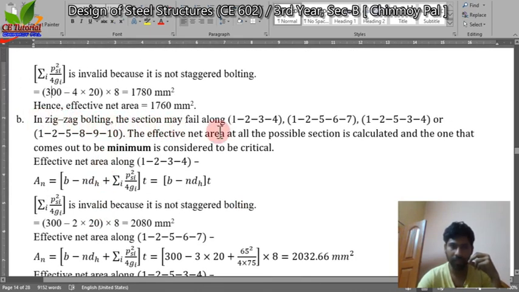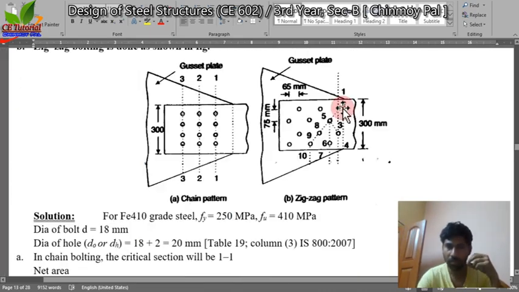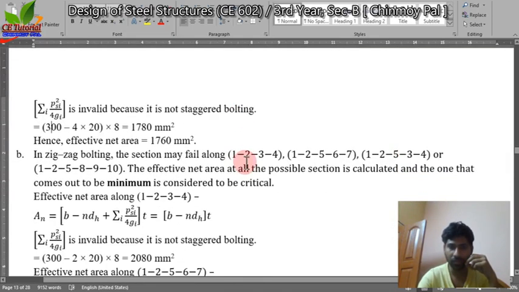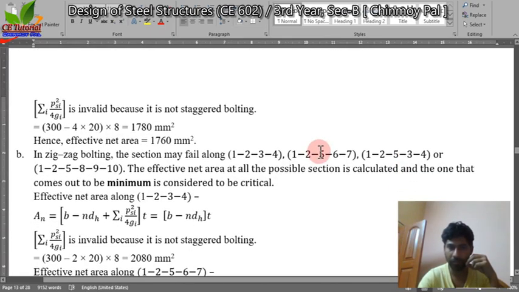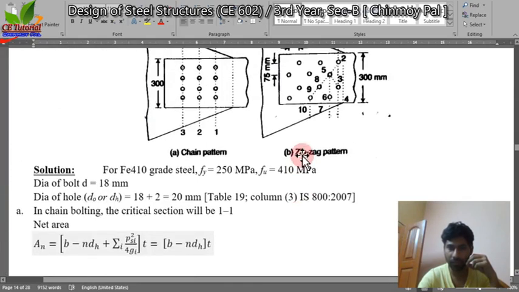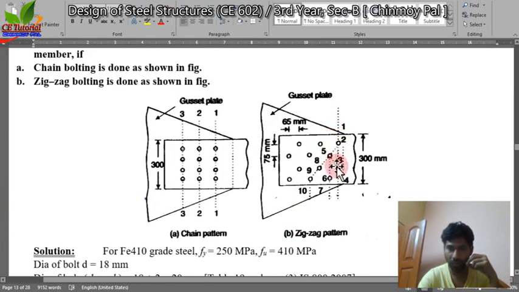In zigzag bolting, the section may fail along 1, 2, 3, 4, that is a straight vertical line. 1, 2, 5, 6, 7: only one diagonal line we are considering, 2 to 5. 1, 2, 5, 3, 4: we are considering two diagonal parts, 2-5 and 5-3.